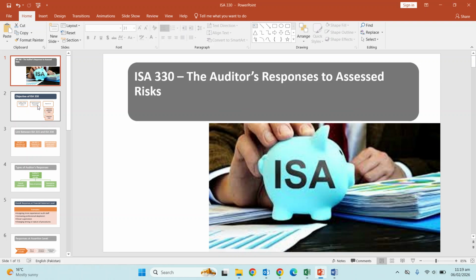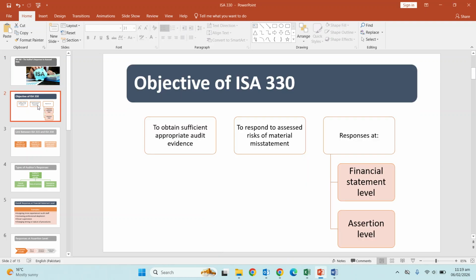So, moving to the next slide, here are some objectives of ISA 330. The main objective of ISA 330 is to ensure that the auditors obtain sufficient and appropriate audit evidence by designing and performing audit procedures that appropriately respond to the assessed risk of material misstatement.